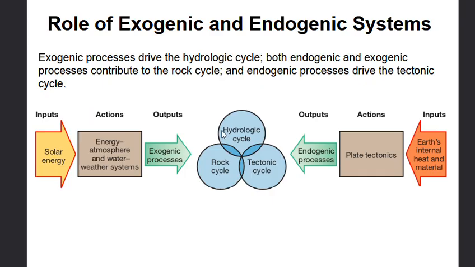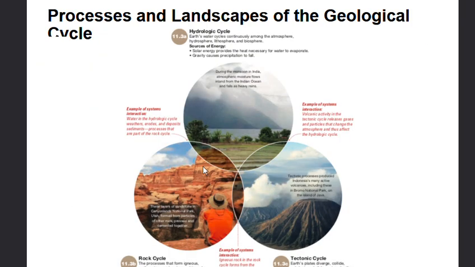On the other side, input, earth internal heat engine, action, plate tectonics, output, endogenic processes. For both ends we get the processes and landscapes of the geologic cycle. Can you see that? Yes.